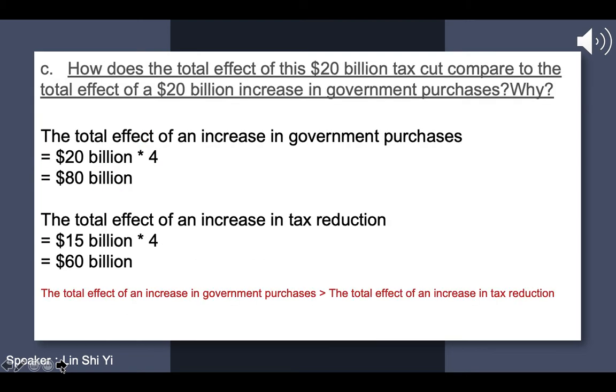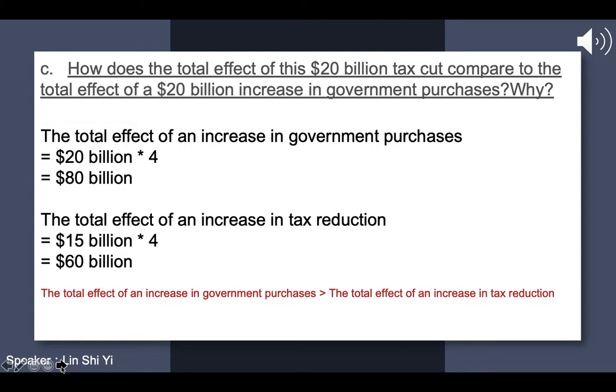Question C. How does the total effect of this $20 billion tax cut compare to the total effect of a $20 billion increase in government purchases? Why? Firstly, we have to figure out the total effect of an increase in government purchases.